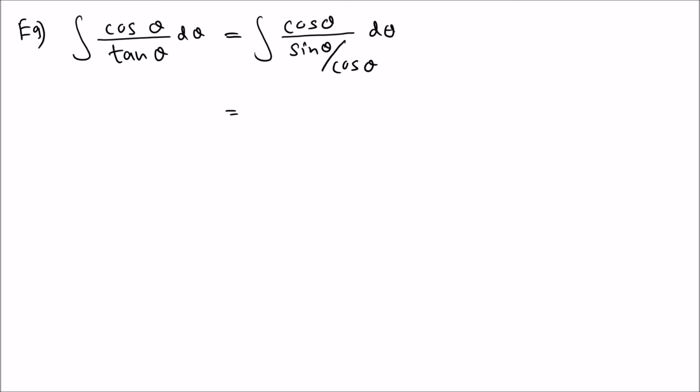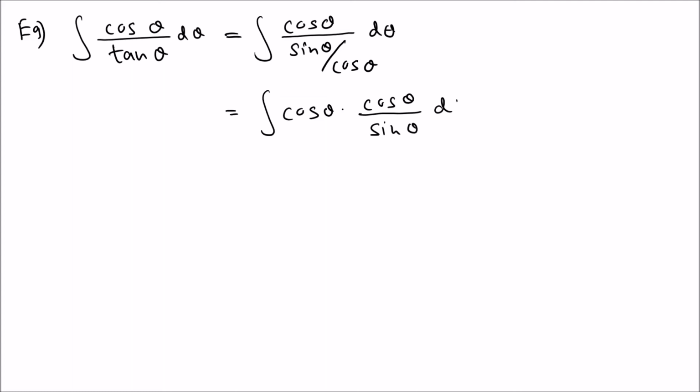Now what we can do is multiply the top and bottom by cosine theta, so you can rewrite this one like this. Because it's a division, we can write this as cosine theta over sine theta, because division is the multiplication of the reciprocal.